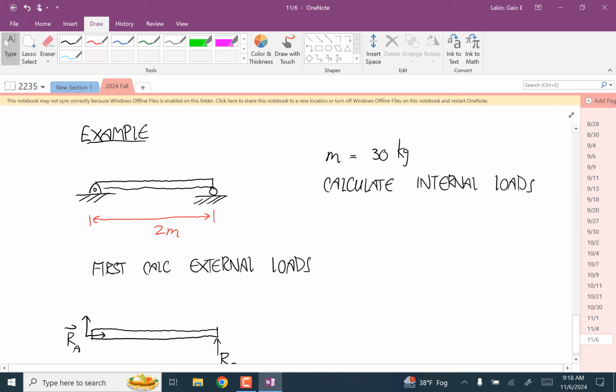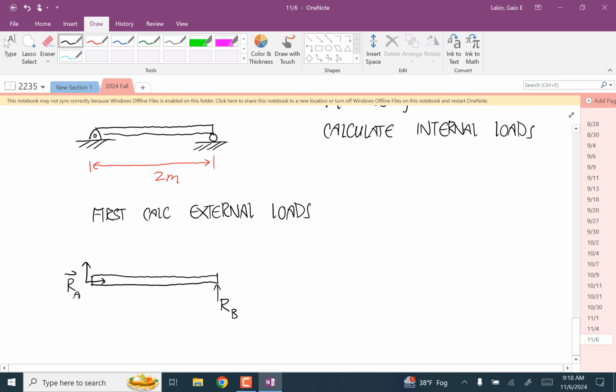But we're splitting it up over this 2 meter beam, so I'm going to write this as a uniform distributed load that has a height of 294.3 newtons split over 2 meters, and that's equal to 147.15 newtons per meter.